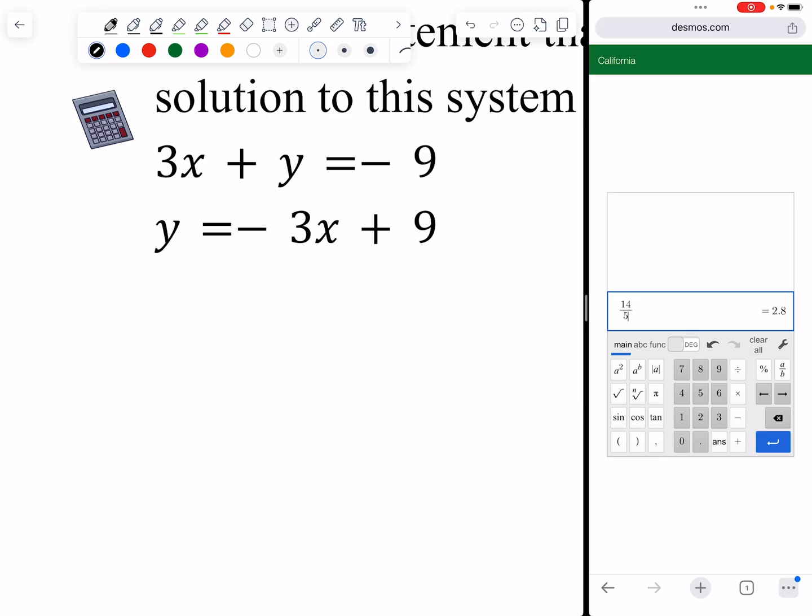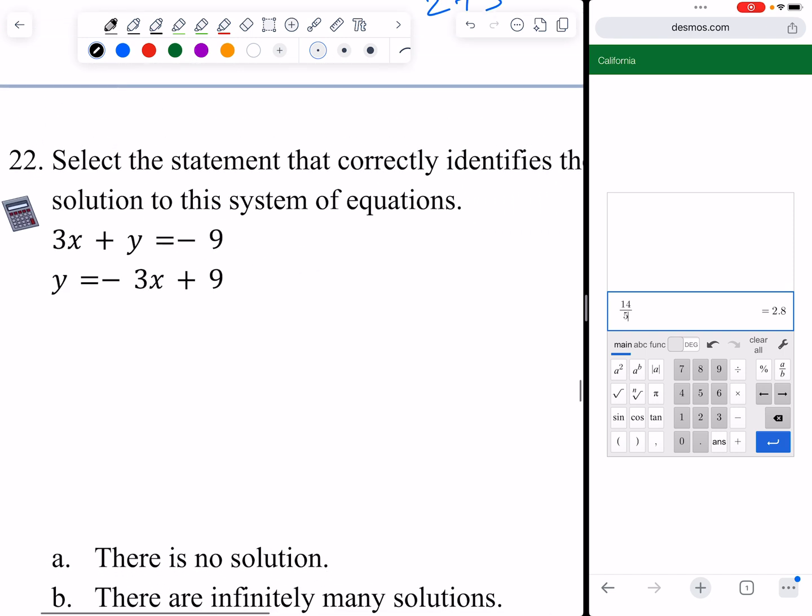Okay, so you could set it up, and if you haven't realized this, there's two equations, right? It's ax plus by equals c, which looks like this, or y equals mx plus b, which is this one. When they do it this way, you can rearrange it so that they both look like y equals mx plus b, or they both look like ax plus by.